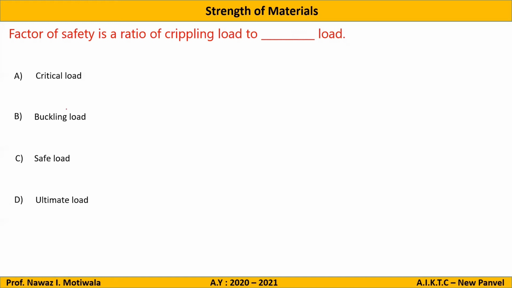Third question. Factor of safety is the ratio of crippling load to. This we have also seen in the first module: FOS is defined as the maximum load, or here it will be crippling load, divided by the safe load, or it can be permissible load.